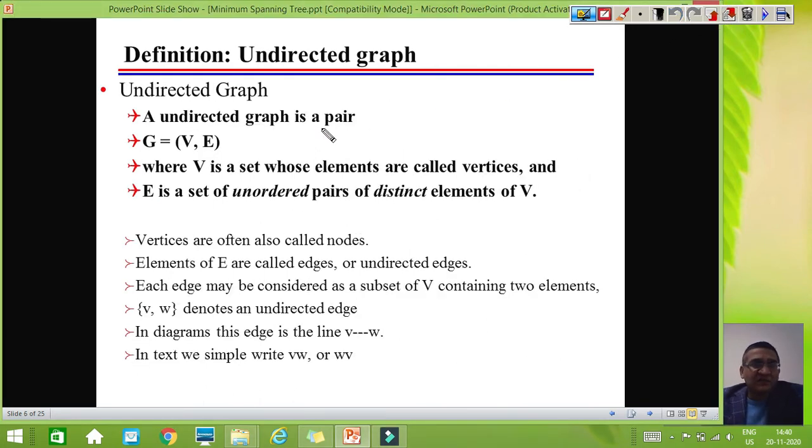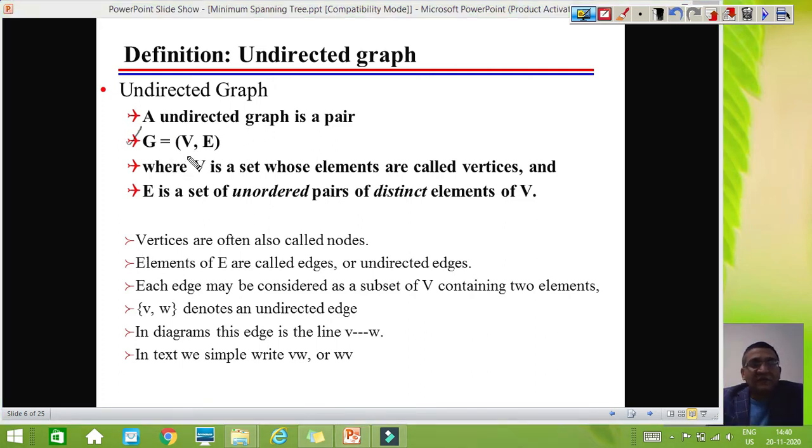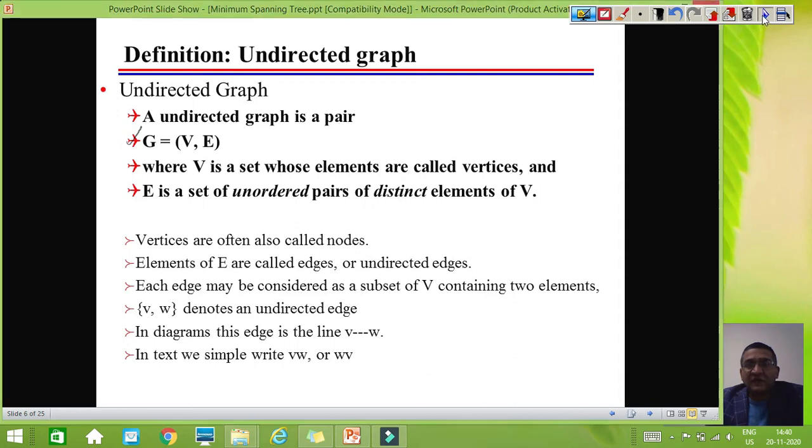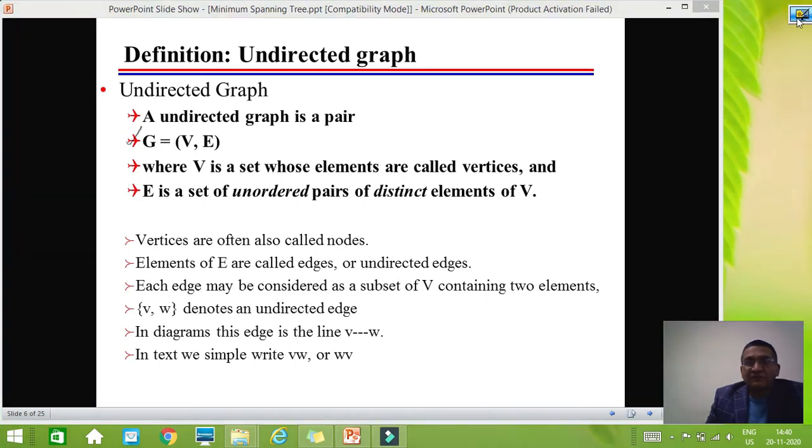Now this is the undirected graph. Most of the properties are the same as the directed graph, but we have some differences. Let us see what they are. Here again we define the graph as a pair V and E, where V is a set of vertices and E is a set of edges.